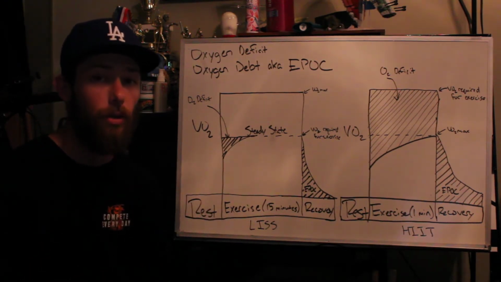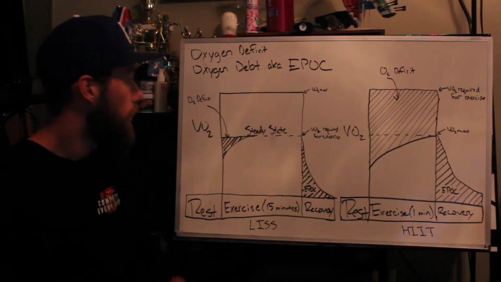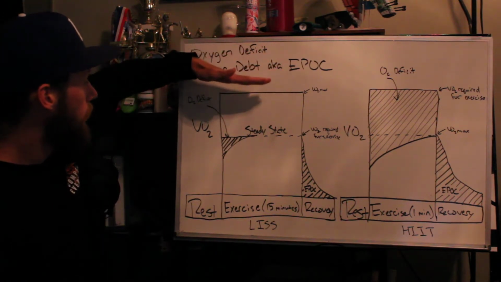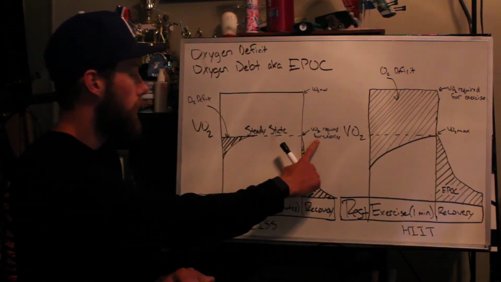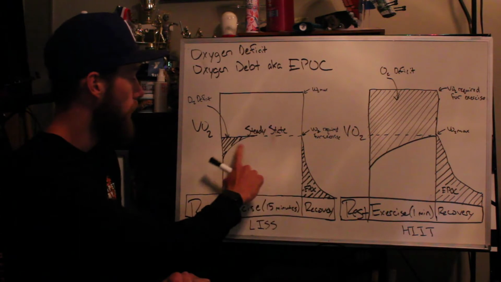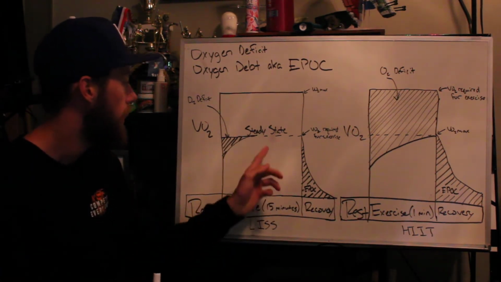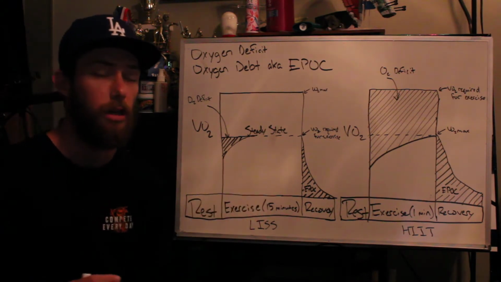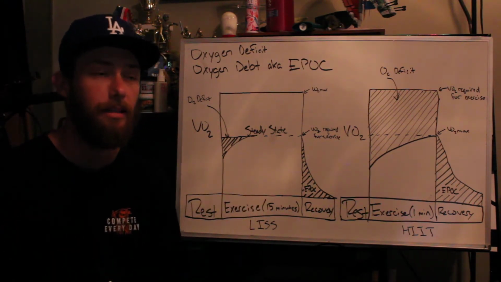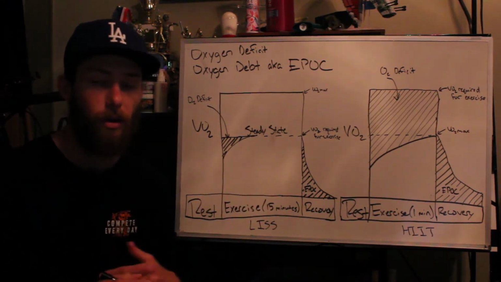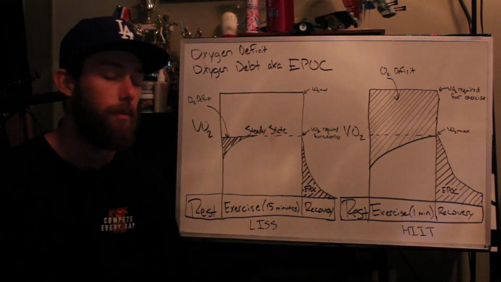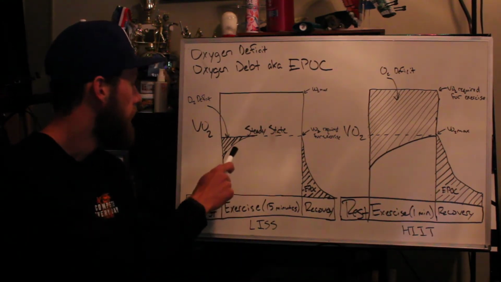Referring back to my last video, that's your oxygen uptake. So your VO2 max is up here, but your oxygen uptake required for the exercise is right here, a little bit above half. Do we see that? That's steady state, where you could maintain that intensity theoretically forever as long as you're fueling properly. That's your steady state.